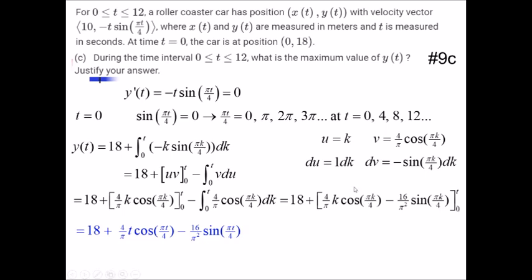If I plug 0 in for the first one, we have a 0 for k, which zeroes out that whole term. And if I plug in a 0 right here, that gives me sine of 0, which also zeroes out the whole thing. So what I've written here in blue is what you're going to be plugging stuff into when you plug things into y of t. This is the function down here.